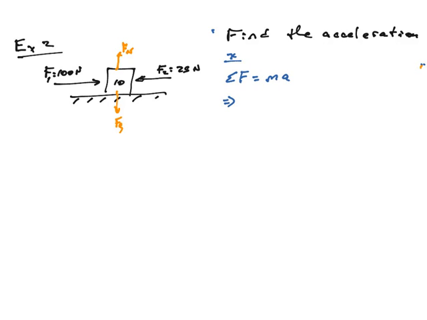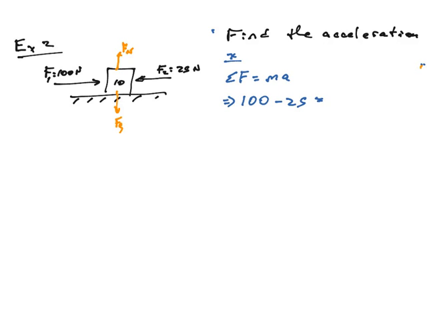So now let's do it. What do I have? Well, I've got F1, which is 100 pushing to the right, so I call that positive. And then I've got 25 pushing to the left. To the left is negative, so minus 25. I don't care about any of the Y forces, so these are the only X forces.